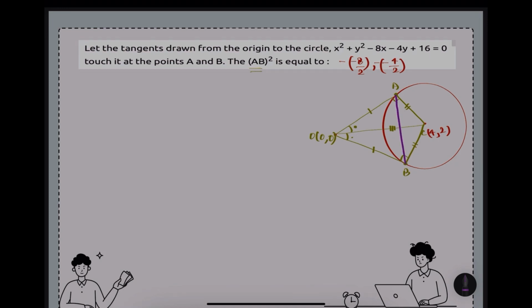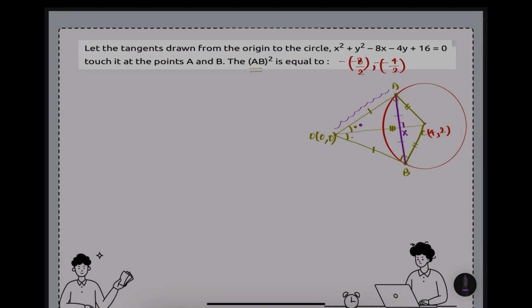After finding this angle, I will connect A with B. You know that these two things will be equal, and also it will be perpendicular. I assume this thing to be X. Now look at this. You know this side, you know this angle.